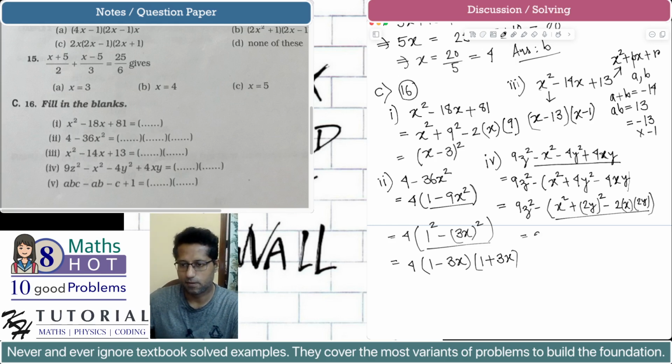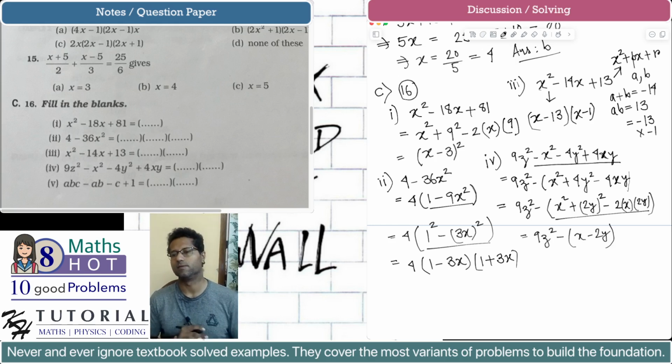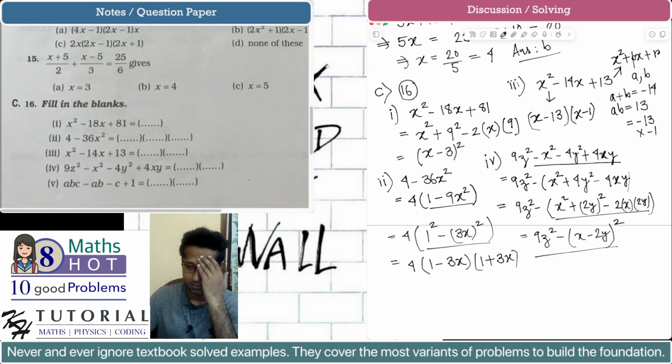So, we can write that as x minus 2y whole square. Now, again we see that the given expression has been expressed in the form a square minus b square, because 9z square is square of 3z and we have square of x minus 2y.